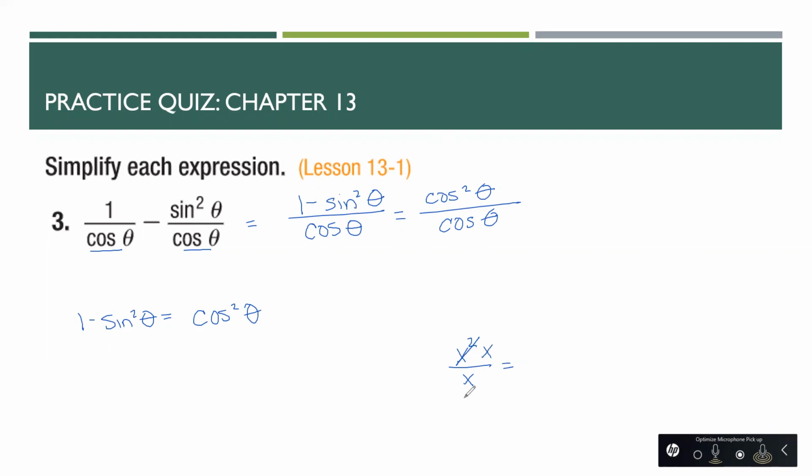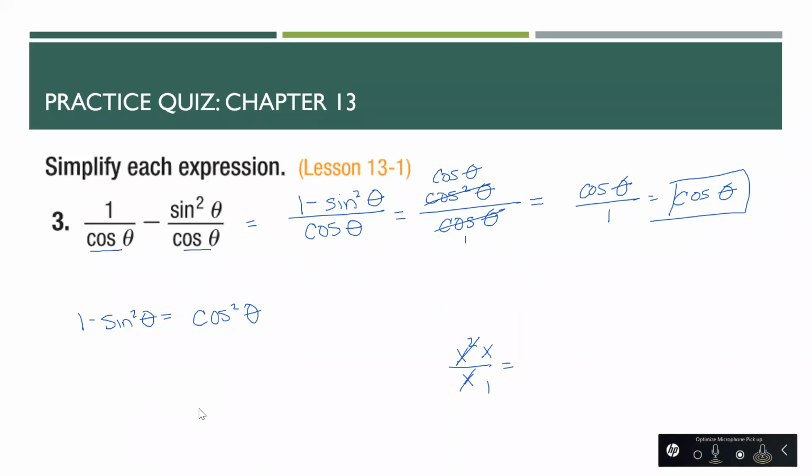So here we would be left with x, and here we'd be left with 1. So here we could factor out one of the cosines. So we're left with cosine theta, and then here we're left with 1. So we have cosine theta over 1, which is equal to cosine of theta. And that is as far as we can simplify.